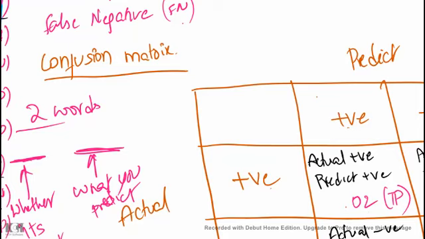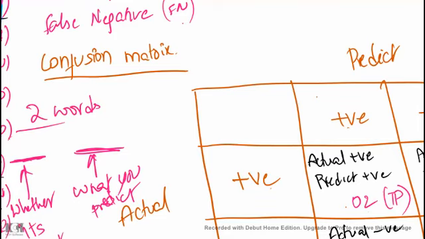Simple. What is meant by true positive: actual positive, predicted also positive, is called true positive, which is TP. How many TPs are there here? This is the one and this is the one. Two are TPs. So that is the reason here we have written two.